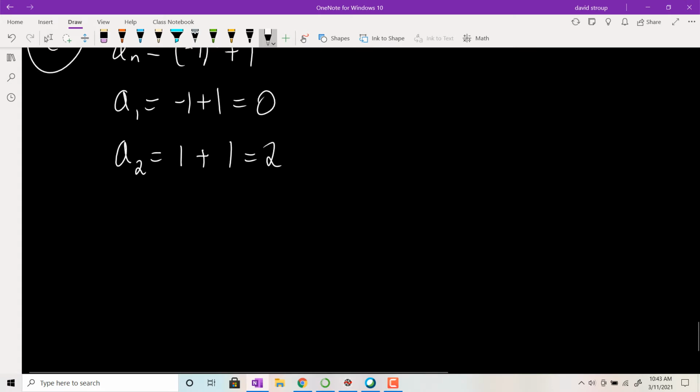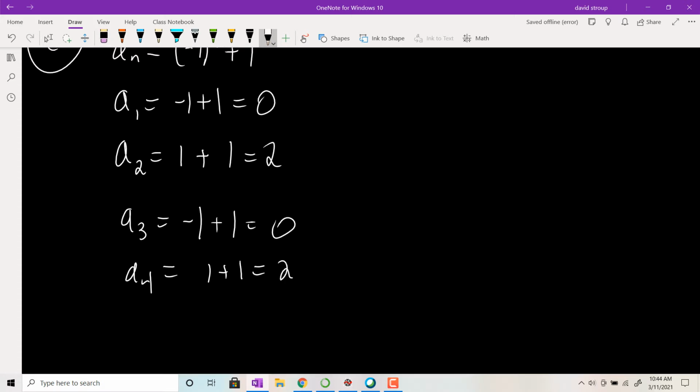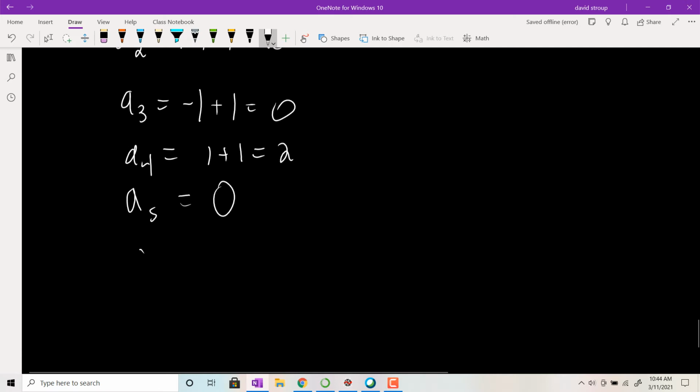A sub 3 will equal -1 cubed is -1, and then plus 1, which equals 0. A sub 4 will equal -1 to the 4th, so that'll be +1 at the end of the day, and then plus 1, which equals 2. So you see a pattern here, a sub 5 must equal 0, and then a sub 6 must equal 2, right?